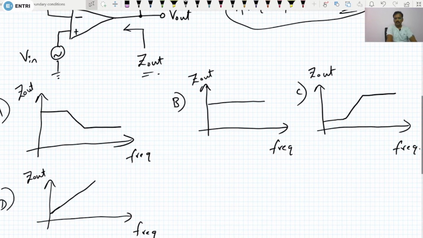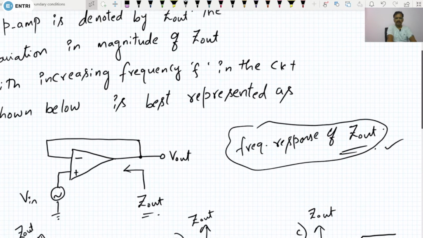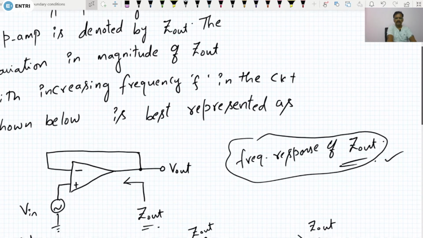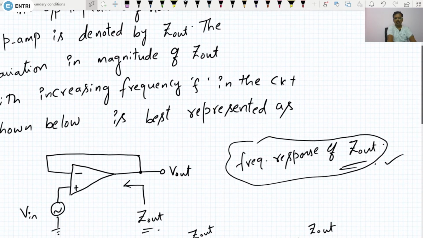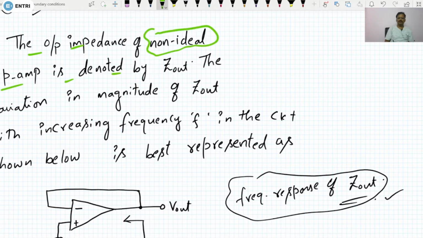So for the given circuit, you have to determine the frequency response of the output impedance. That's it. This is the question they have given. The output impedance of a non-ideal op amp is denoted by Z out. The variation in magnitude of Z out with increasing frequency can be best represented as, for this circuit.